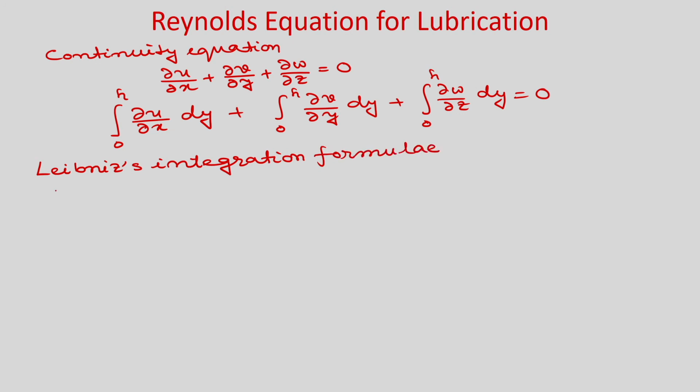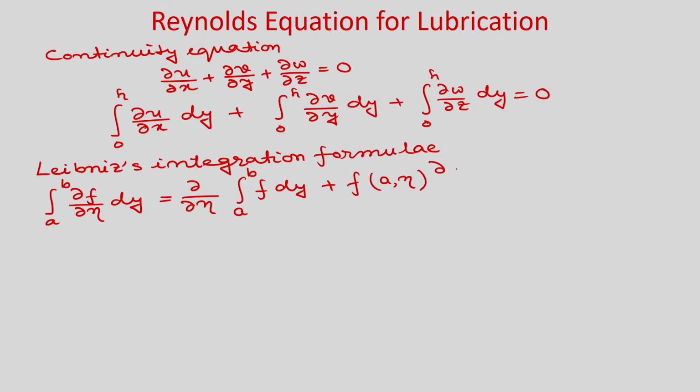If you have integral a to b del f by del eta dy, you can write it as del by del eta outside the integral a to b f dy, plus f(b, eta) del b by del eta minus f(a, eta) del a by del eta, where a and b are the integration limits.